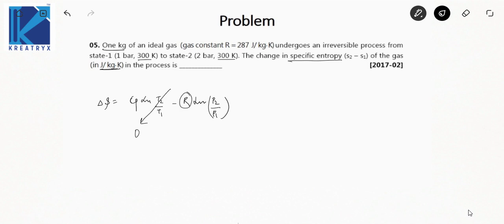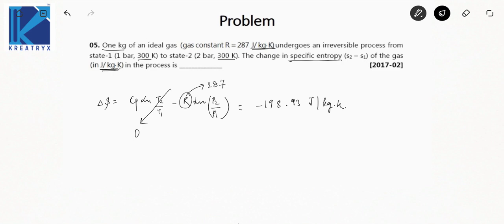R is 287, the value has been given in joule per kilogram Kelvin. You have to find the answer in joule per kilogram Kelvin. Okay, solve this. Get the answer as minus 198.93 joule per kilogram Kelvin. Okay, basic question, very easy question.